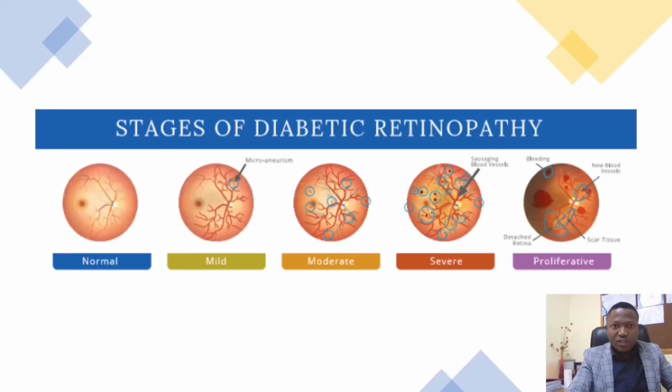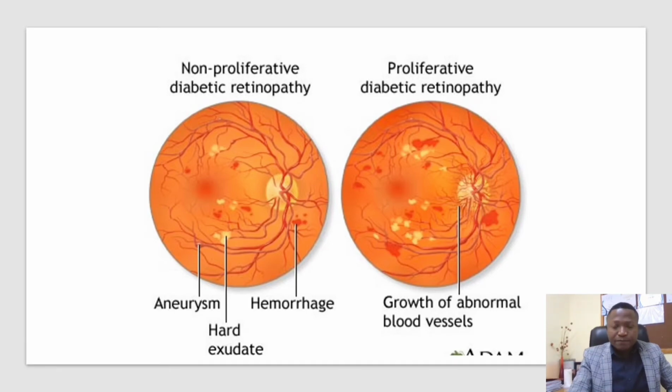Now we are moving to the stages of diabetic retinopathy. The first three stages are mild, moderate, and severe non-proliferative diabetic retinopathy. And the last stage is proliferative diabetic retinopathy. In the first stage, as I've already explained, there will be microaneurysms, which are that outpouching of the blood vessels.